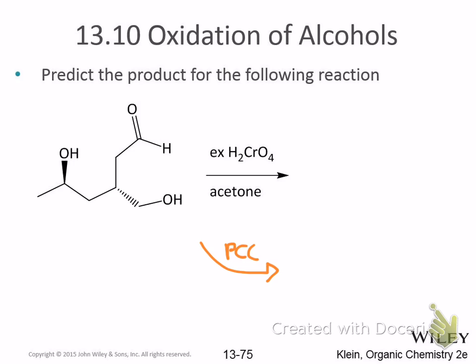It froze on me. Oh, it's back. Excess chromic acid in acetone. What's the product going to look like? All right, so first question is, what does chromic acid react with? Alcohols, and it reacts with aldehydes, both, right?